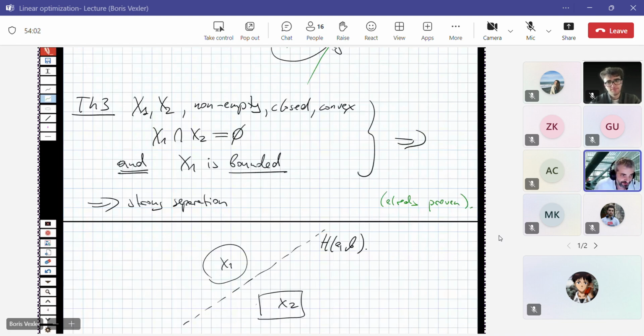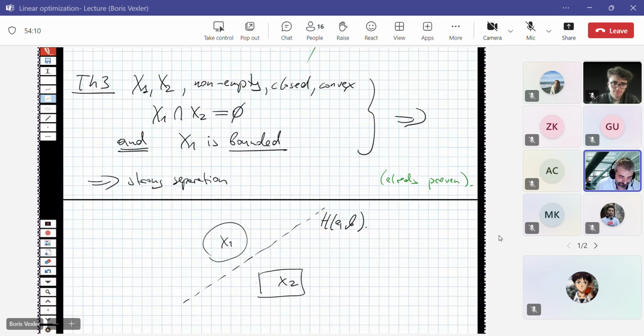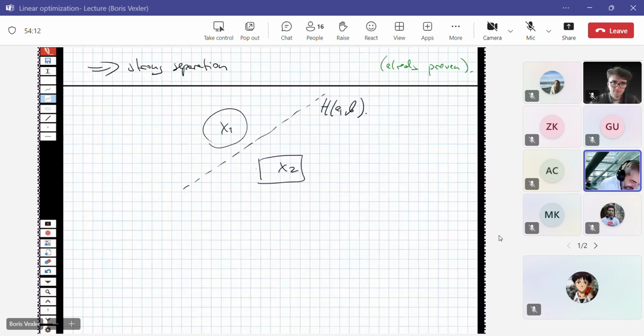We'll prove two more or three more theorems. The next one, theorem 4, will be as follows.